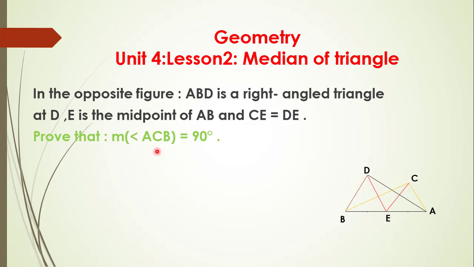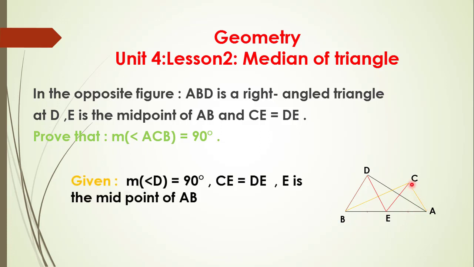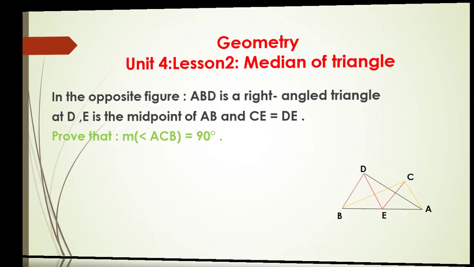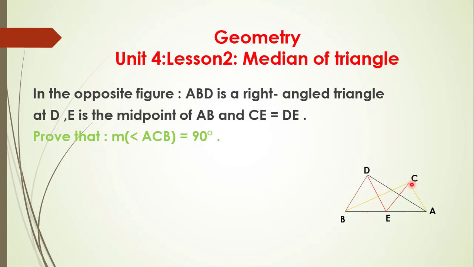I want to prove that the measure of angle ACB is 90, so I want to prove that this is a right angle triangle at C. Okay, let's begin. This is the given. Now let's prove. At first, we have a right angle triangle ADB.